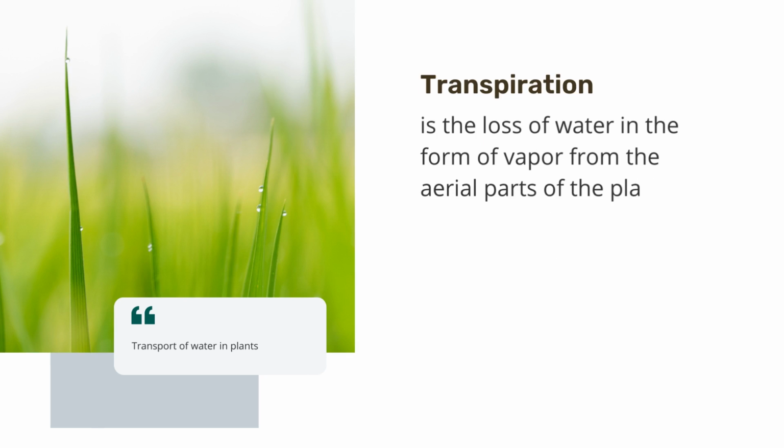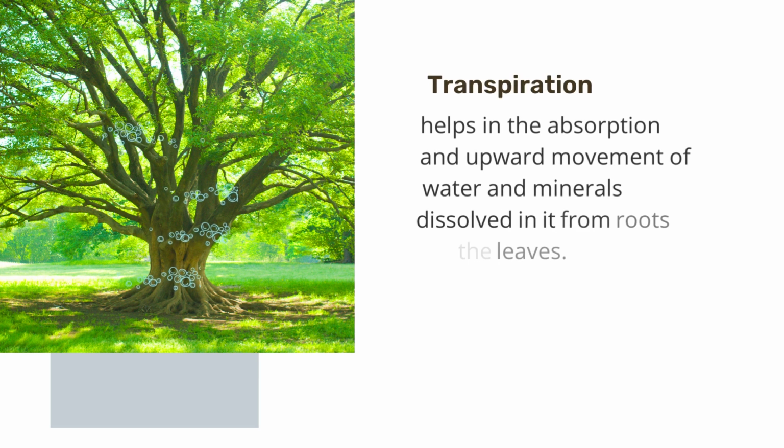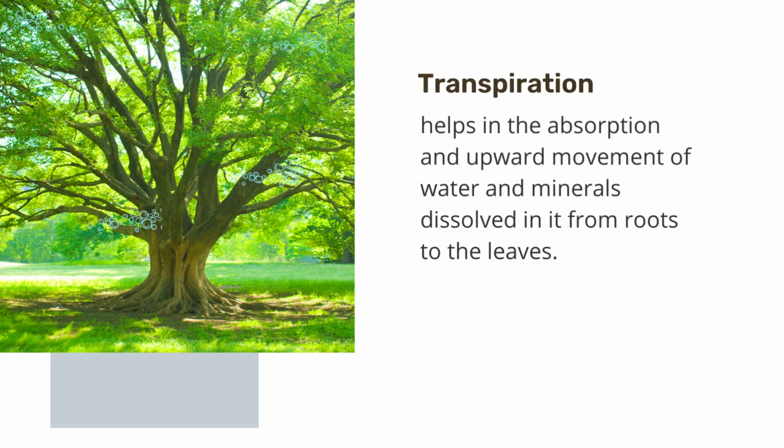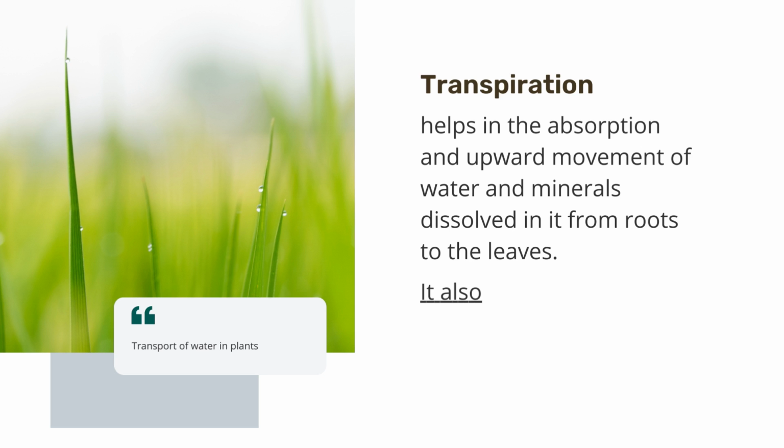The loss of water in the form of vapor from the aerial parts of the plant is known as transpiration. Thus, transpiration helps in the absorption and upward movement of water and minerals dissolved in it from roots to the leaves. Also, it helps in the temperature regulation.